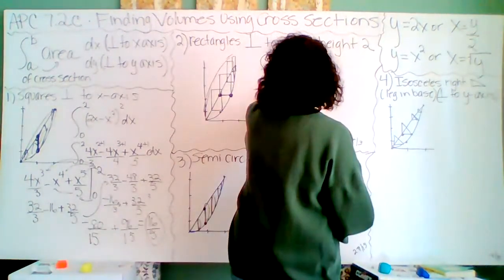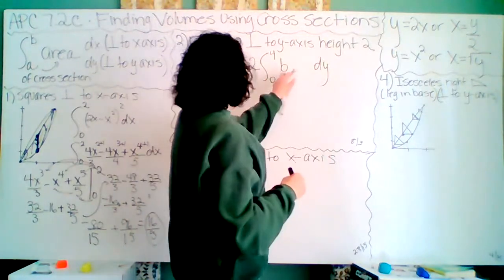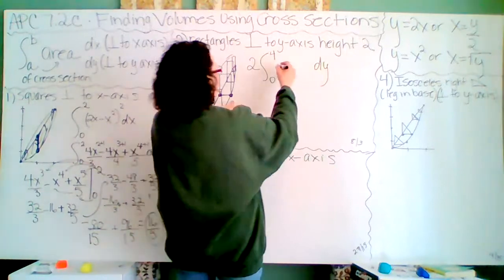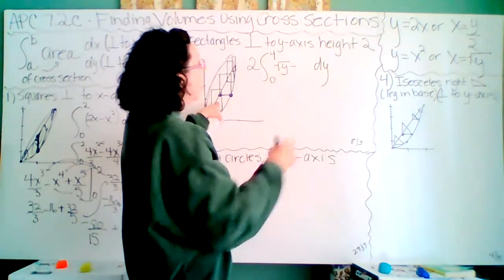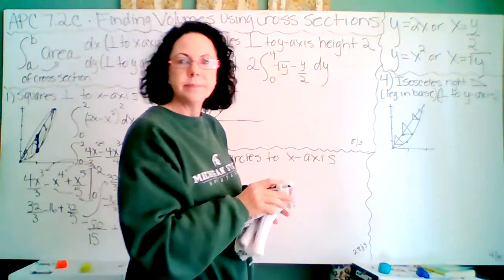So I'm just going to bring this 2 to the outside, right? And my base then, right here, is the square root of y minus y over 2. That's how big my base is.